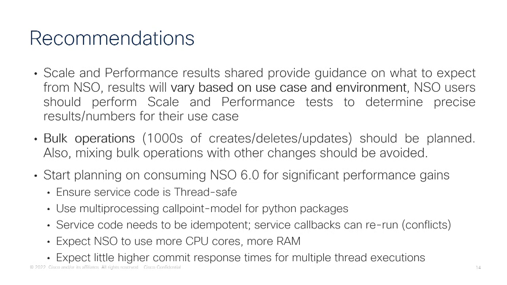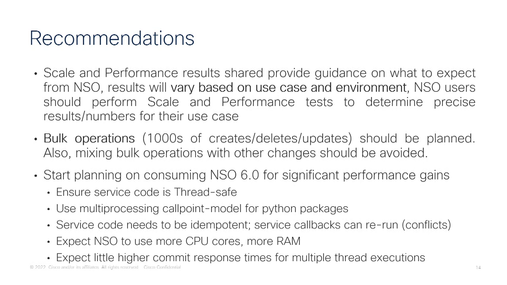Now, in terms of planning to start consuming 6.0 with very minimal changes for significant performance gains, these are the few things that are recommended. One is you have to make sure the service code is thread safe, because now the services would run in parallel and it requires thread safety to be present.